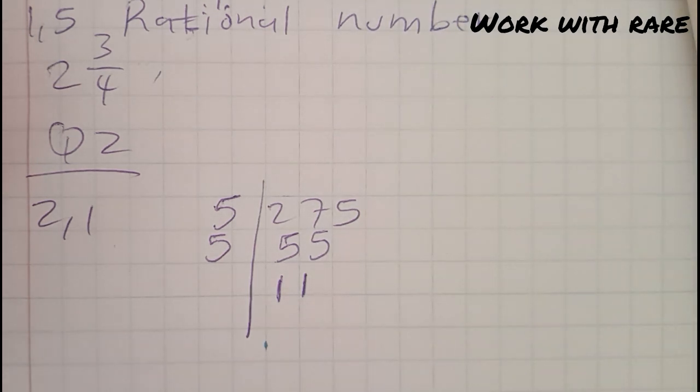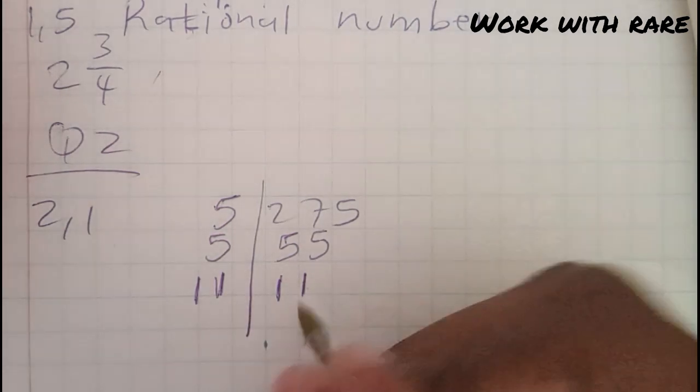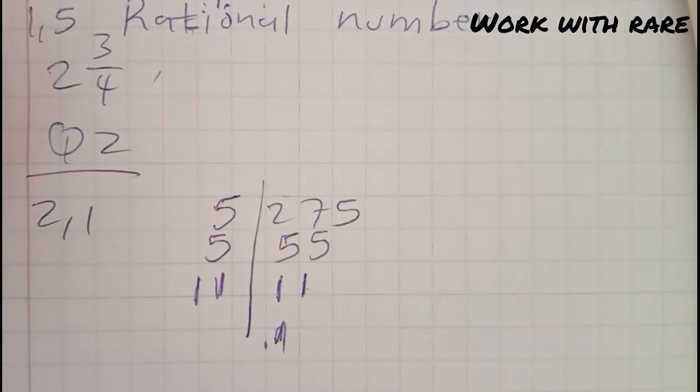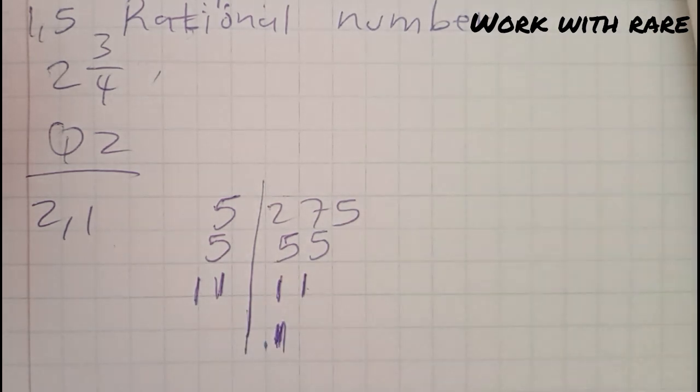And remember, 11 is also a prime number. So after this step here it will also be 11, and 11 divided by 11 it's 1, because if you take the same number and divide it by the same number, you will get 1.